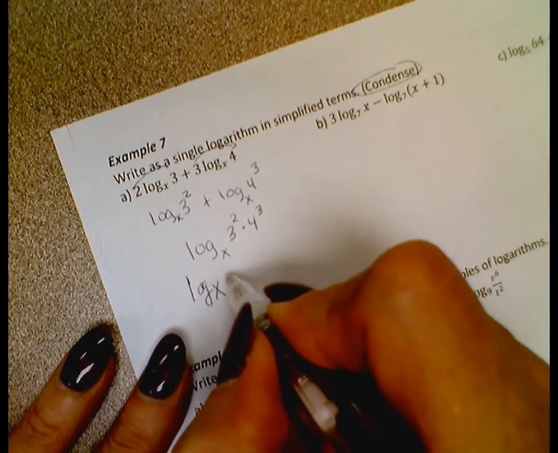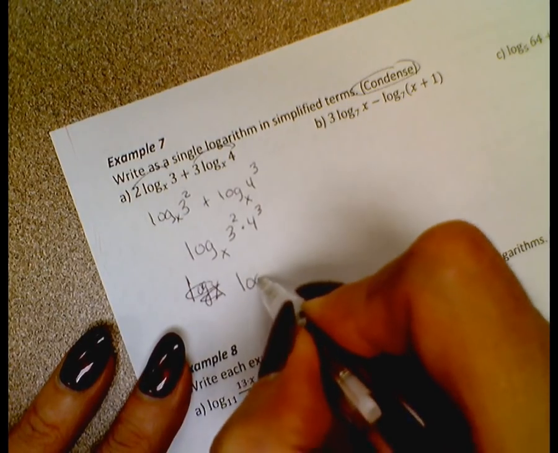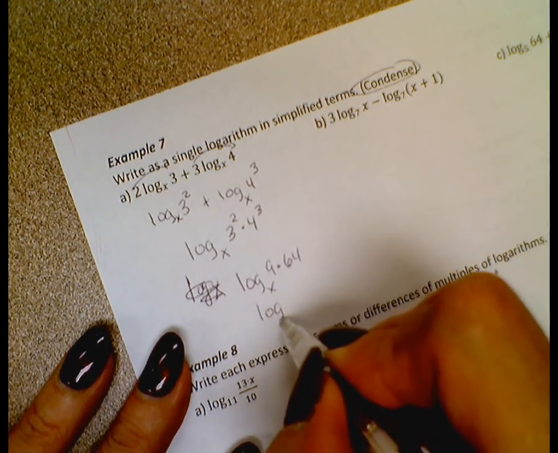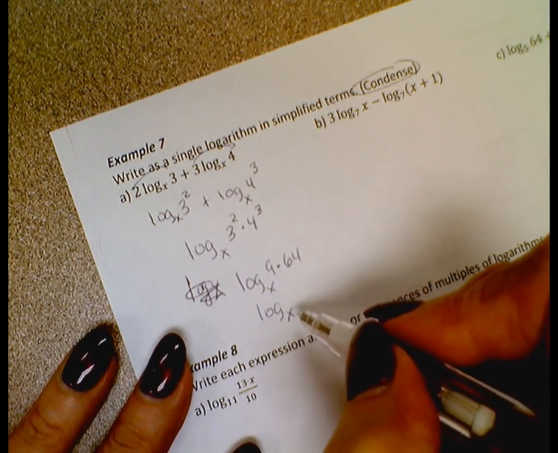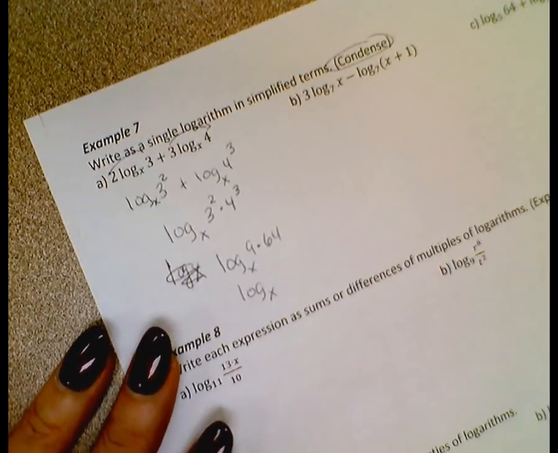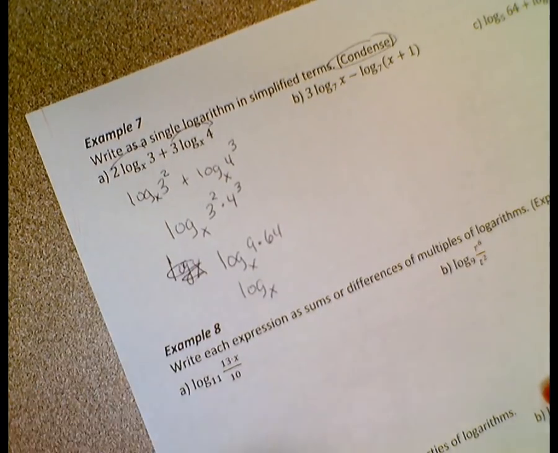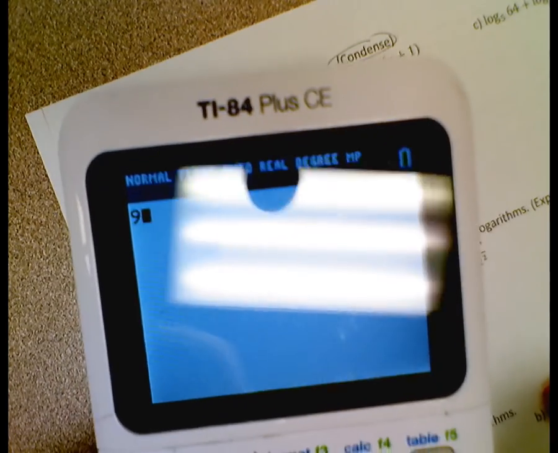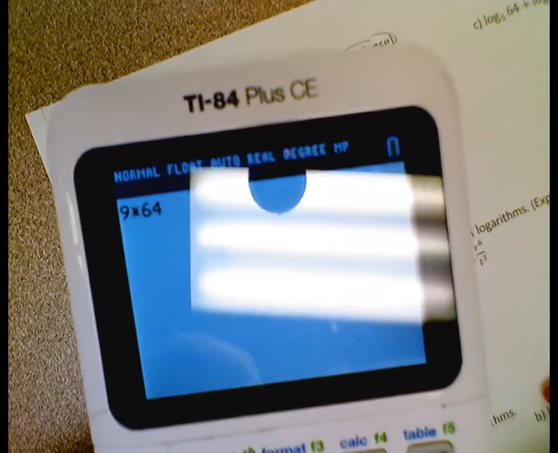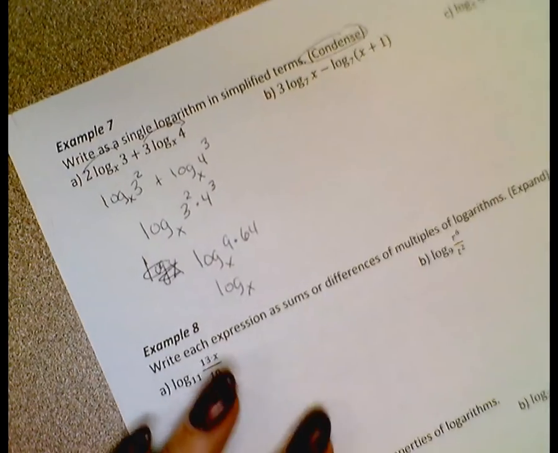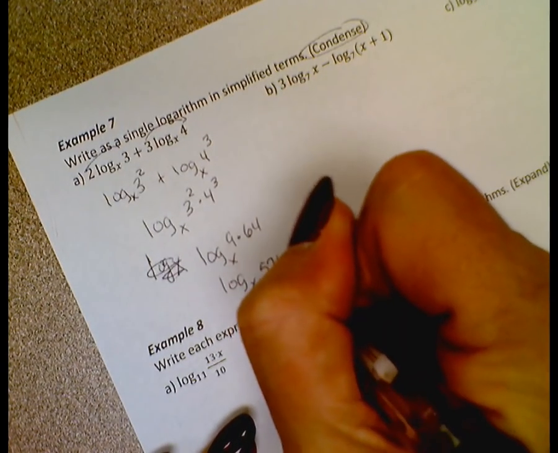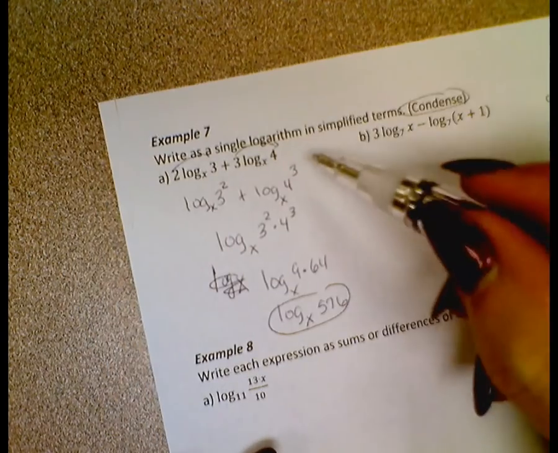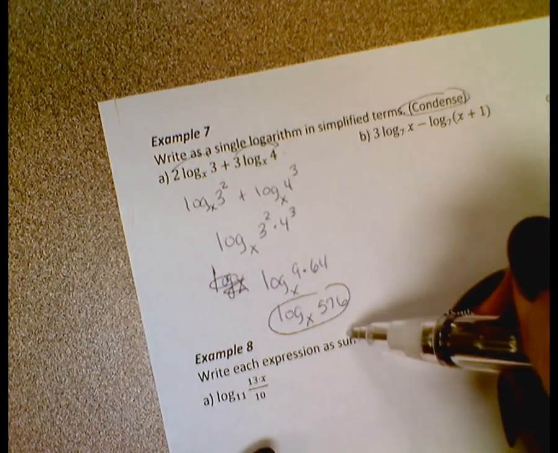So log base x, this is 9 times 64, which is, on your calculator, what is 9 times 64? 9 times 64 is 576. That's the best way of writing that problem. It went from here to here.